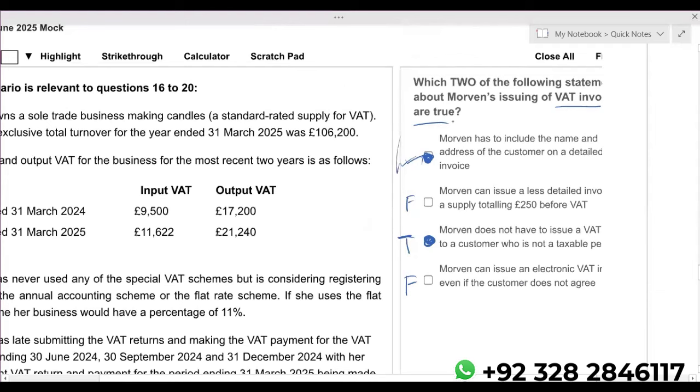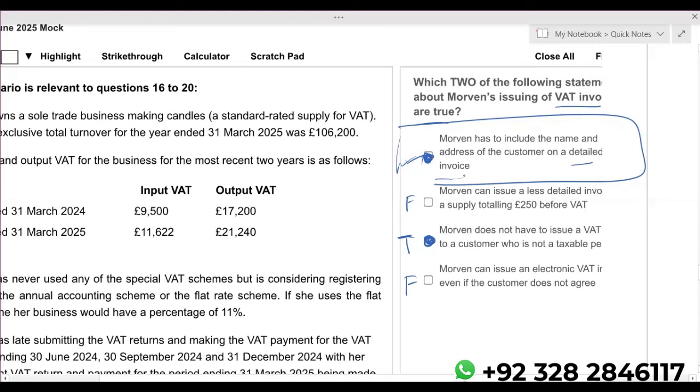If you're issuing a VAT invoice with detail, then Morven has to include the name and address of the customer on a detailed invoice. How can you say an invoice is a detailed invoice if there's no name of the customer, there's no address of the customer? So you have to include that.